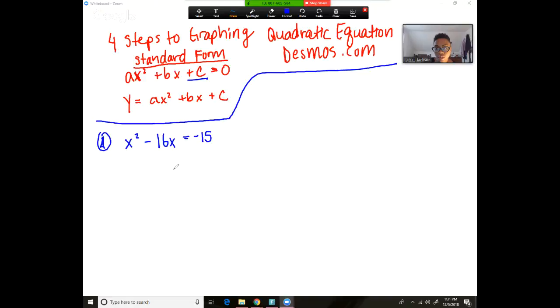So completing the square. All right, so let's identify what A, B, and C are so that we can plug in the right letters. A is always in front of x squared.